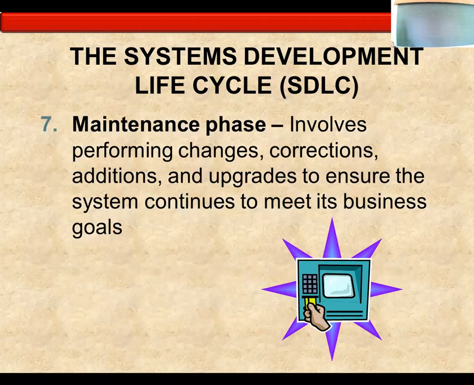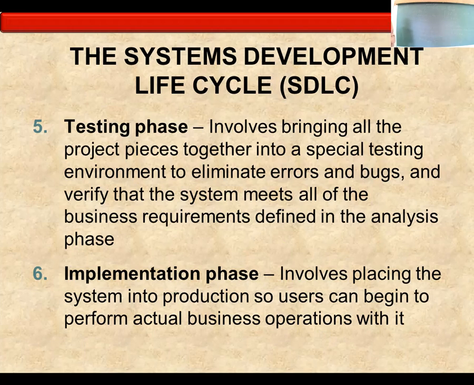In the sense, in the implementation phase the user is actually going to use the project, implementing the project as per his requirements. So once the testing is completed, the project is launched and implemented into the user operations. So users begin the various business related operations with that project. So now the project is working.